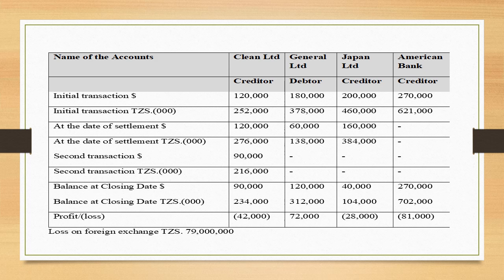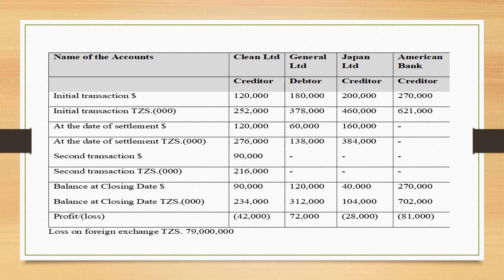So again, we take the balance at the closing date: we remain with 90 for Clean Limited, and 120 US dollars for General Limited. Japan Limited, we remain with 40, and American Bank, we remain with 270, the same amount. At the closing date, we take the rate of 31st December.